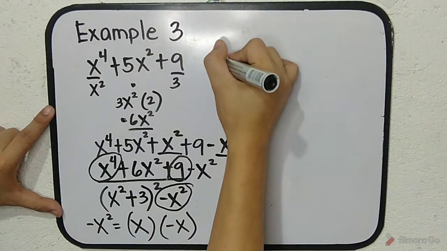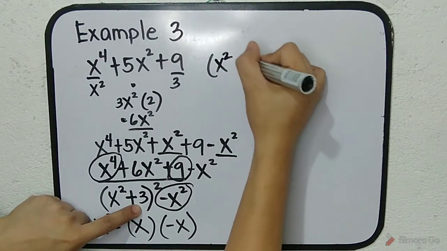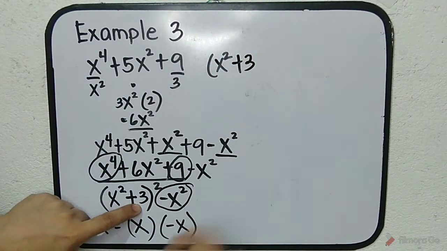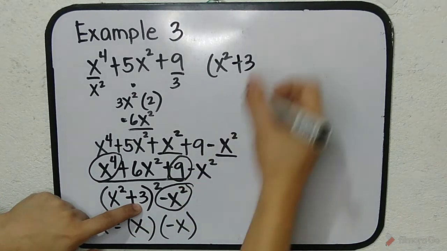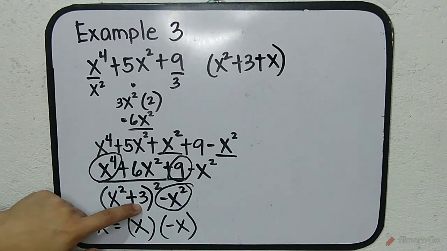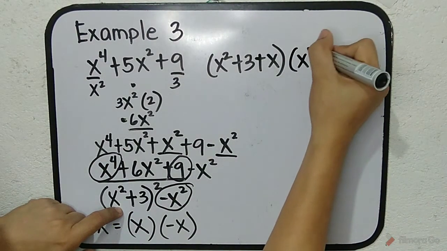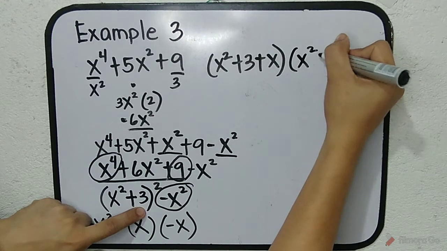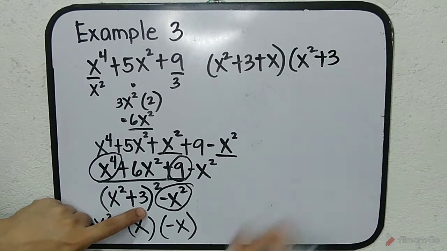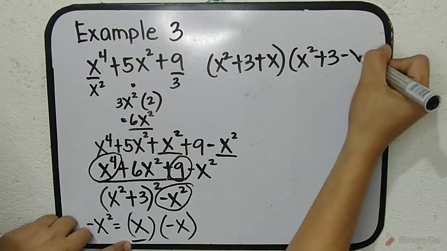We'll be having x squared plus 3. Kunin natin yung isa. X, meaning plus x. Next, isa pa. X squared plus 3. Kunin naman natin itong minus x kasi nagamit na natin itong isa kanina. So, minus x.